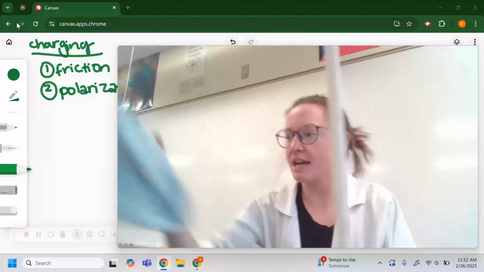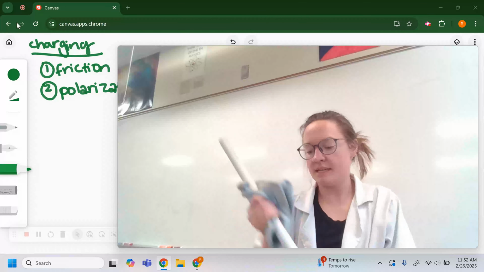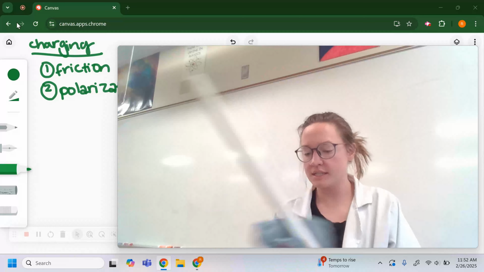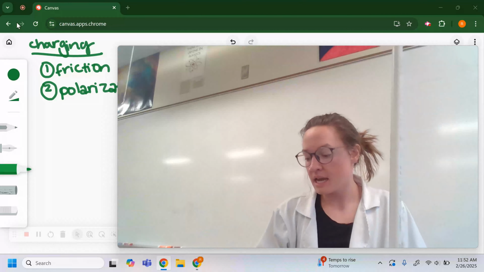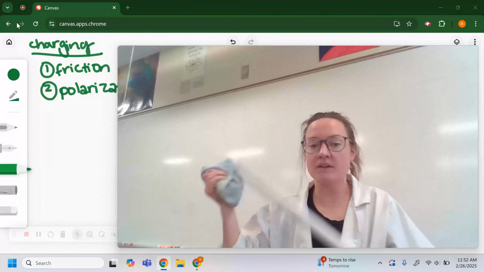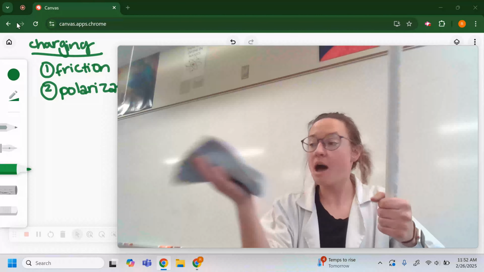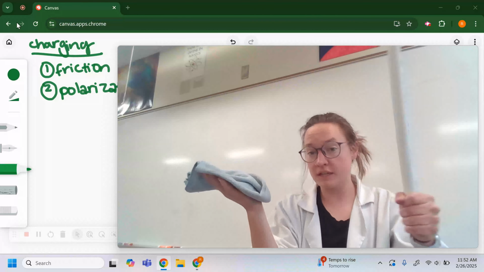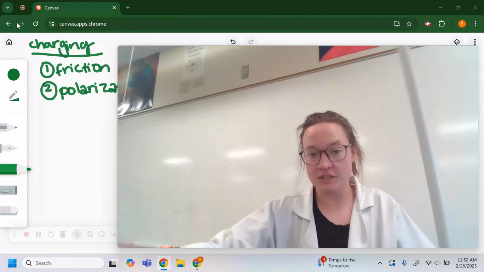Then take a nice cloth like this one and get that PVC pipe nice and charged up. This PVC pipe has a greater affinity for electrons, and this cloth has a lesser affinity for electrons. So when I go like this, I charge it by friction. I take the electrons from the cloth. The cloth is now positively charged and the PVC pipe is now negatively charged.